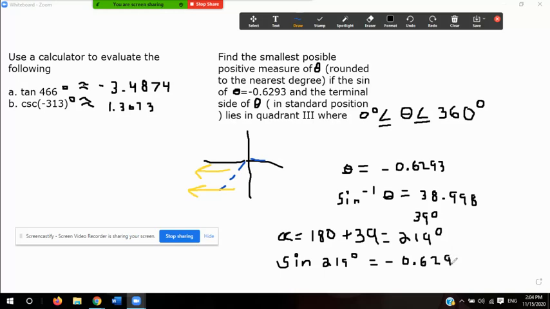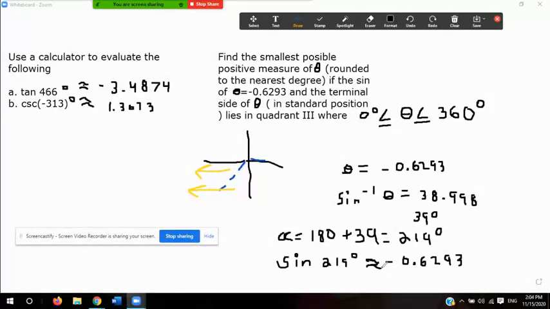And that's how you would, well, actually, it's always approximately, so let me fix this. It's approximately negative 0.6293.